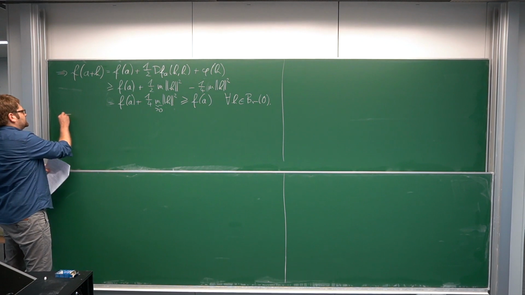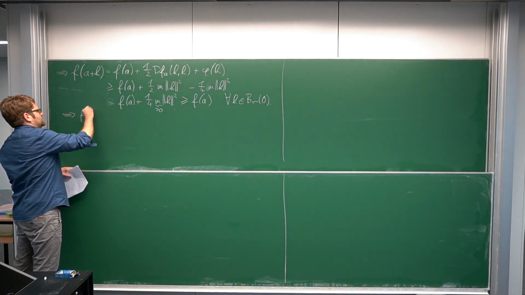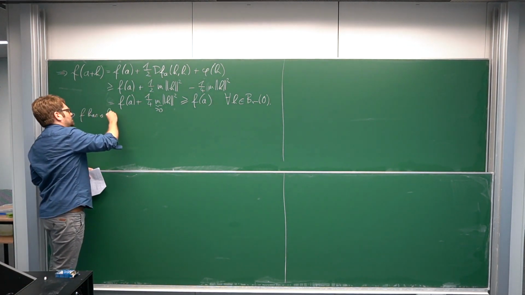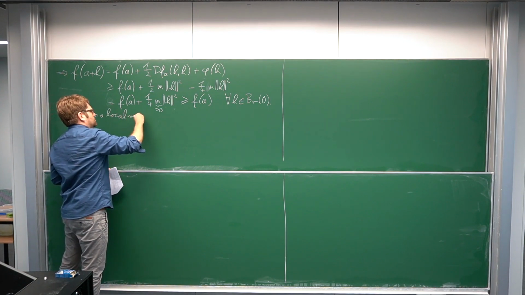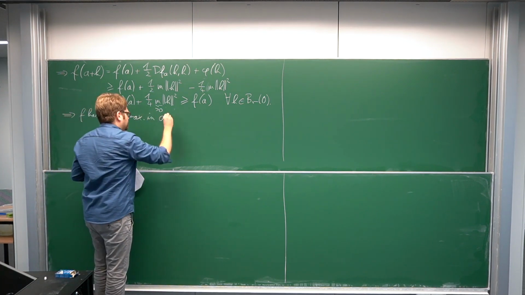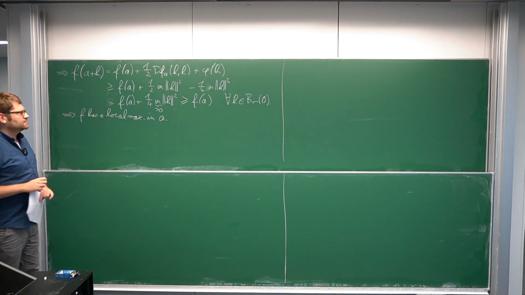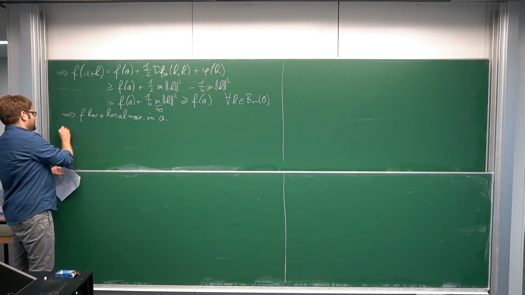So this means f has a local minimum in a, which we wanted to show. I find this proof very beautiful, I hope so do you.